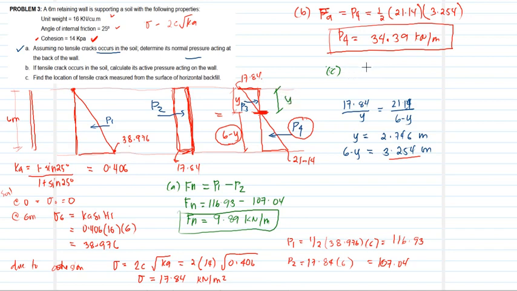So, for letter C, ang distance natin or yung location ng tensile crack natin, location of tensile crack from the top, from the surface, is equal to, ito na yun, kasi na-solve na natin, that is equal to 2.746 meters. So, this will be now our answer for letter C.